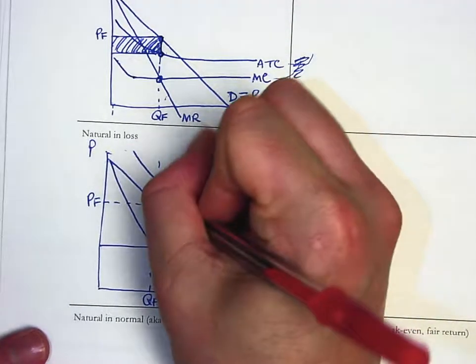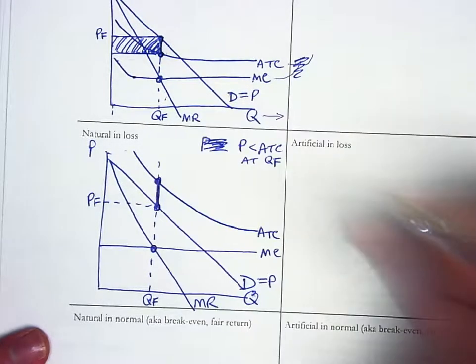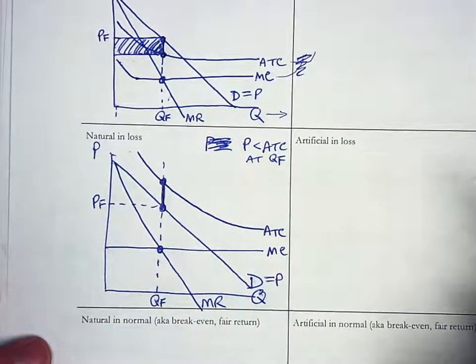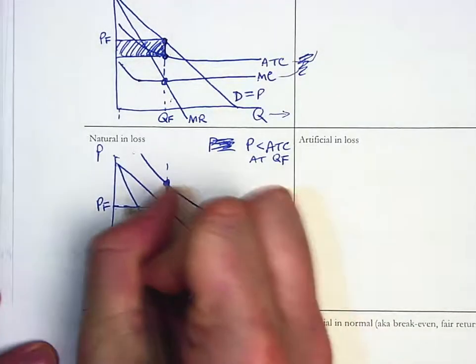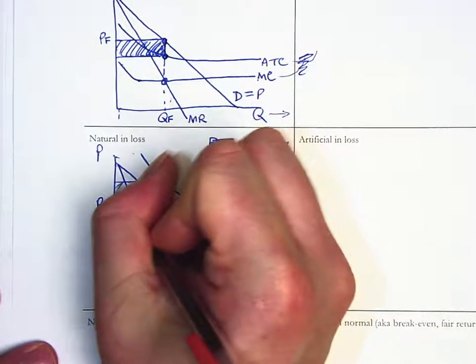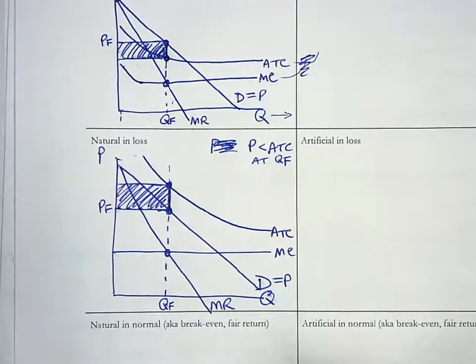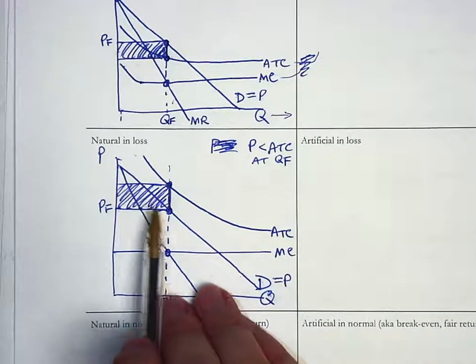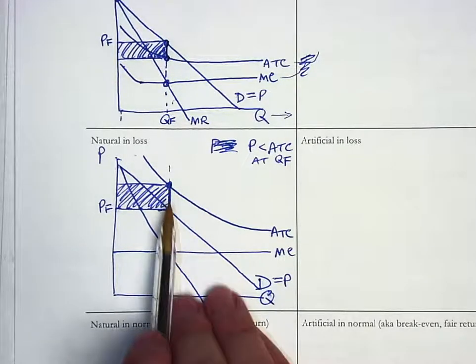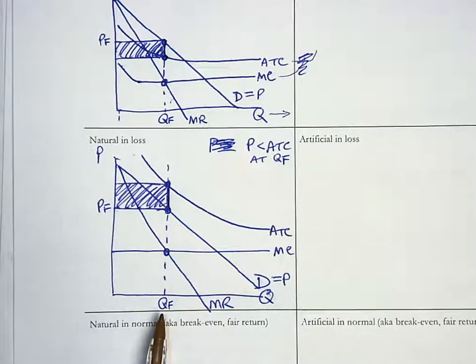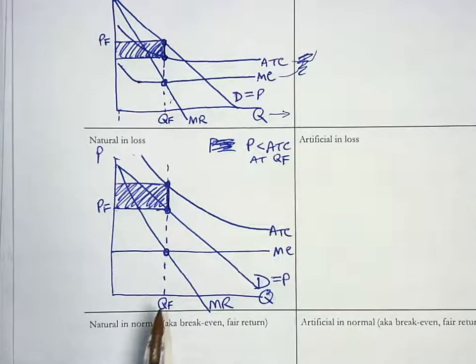And if we connect those two dots that we just finished drawing, that's the loss per unit. If we go across, this area is the loss rectangle. Because again, we're comparing price to the ATC at the profit maximizing quantity. And in this case, it's the loss minimizing.